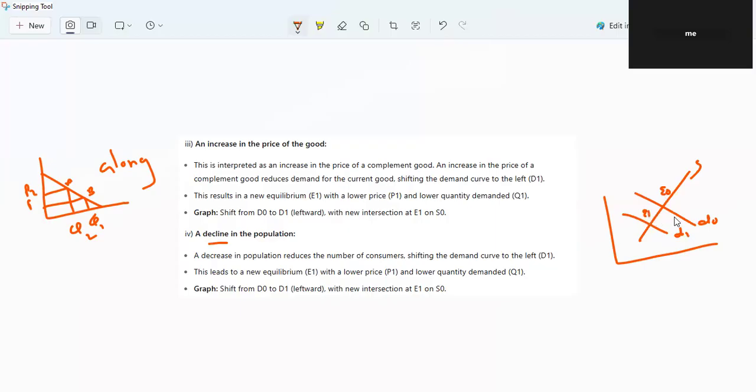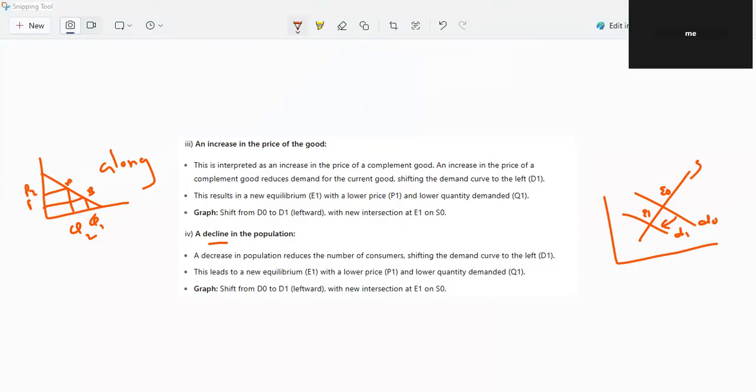This will cause a movement to the left, because there's a decline in population, meaning you're reducing population. Are we following? You need to understand this very well.